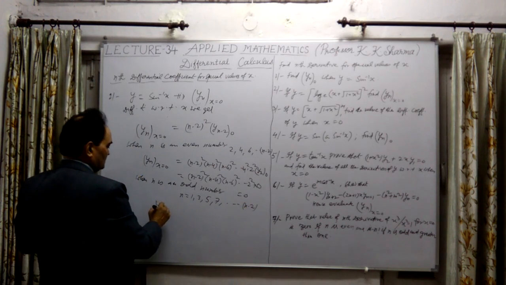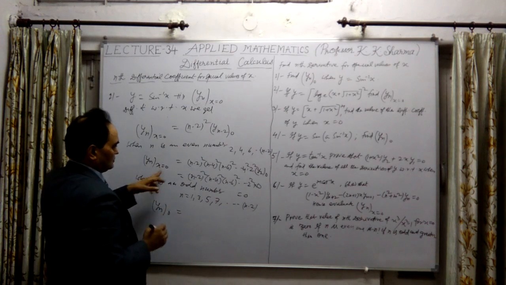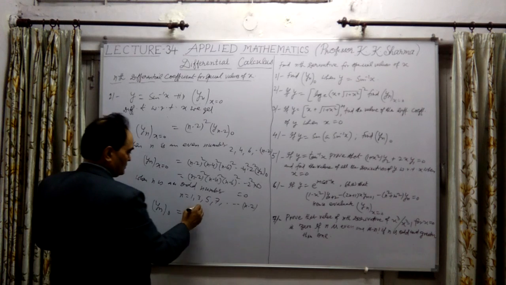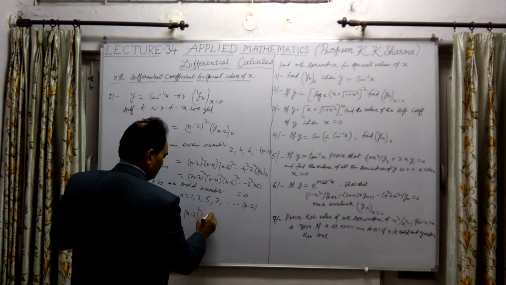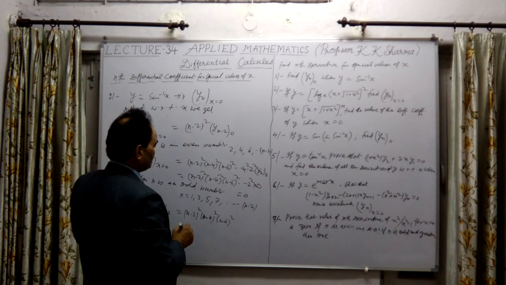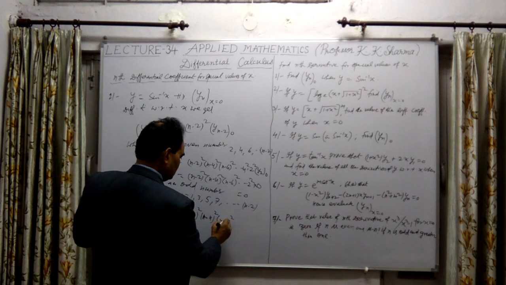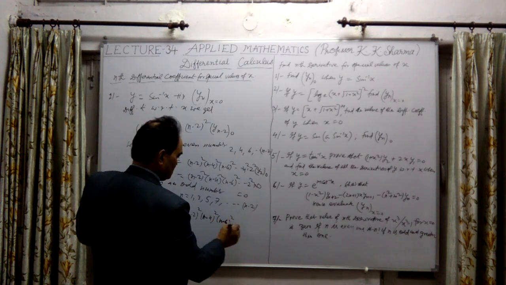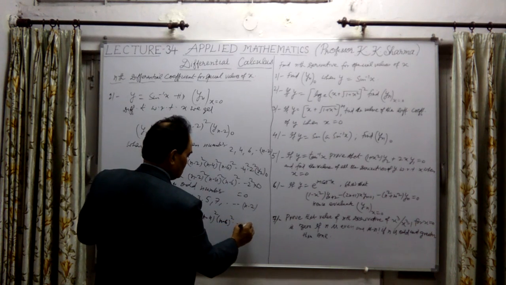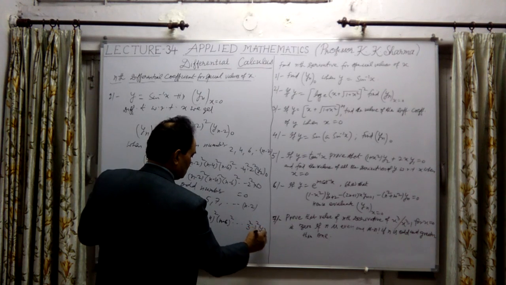So yn at 0 equals again n minus 2 whole square, n minus 4 whole square, n minus 6 whole square, and up to 3 square, 1 square, and y1 at 0.